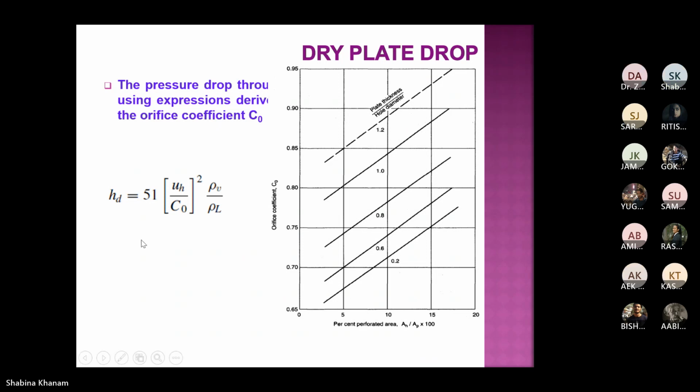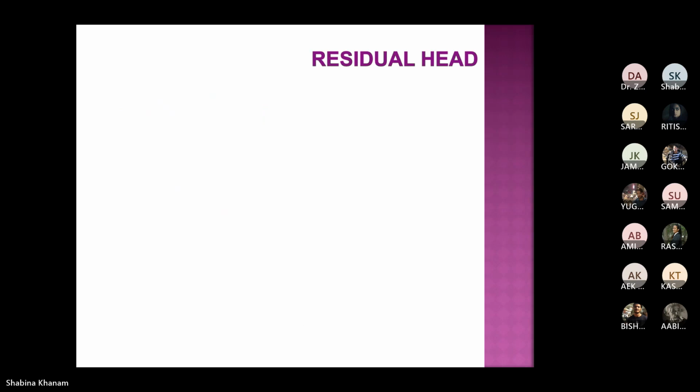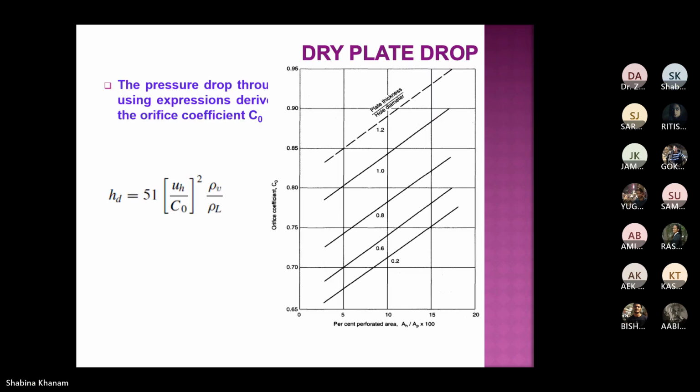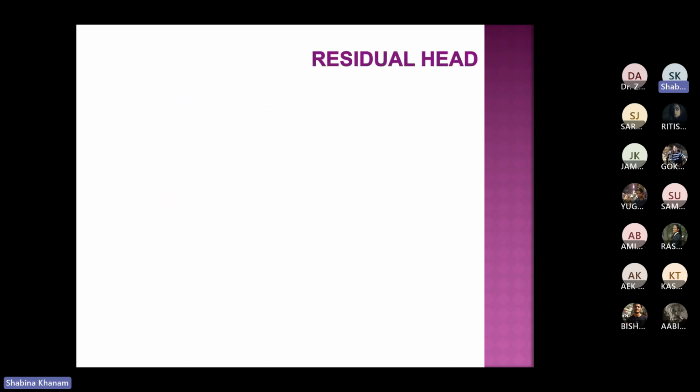HD is the dry plate head, and once I have this HD, we will find out the residual head, because HW and HOW you have already decided earlier. So nothing more needs to be decided to calculate that. We only need to find out the residual head.